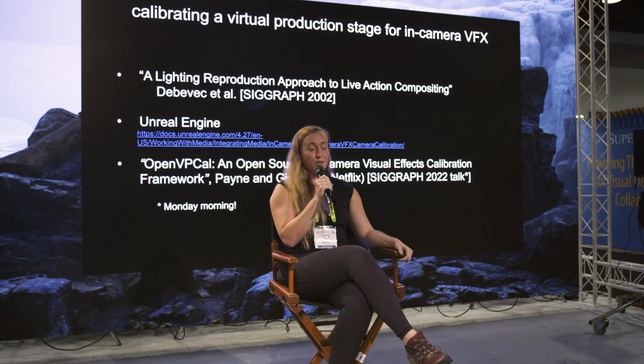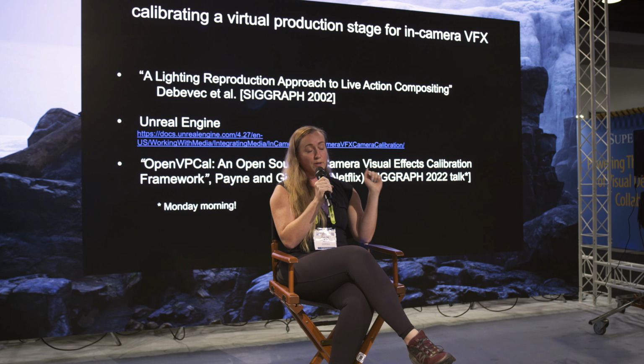If you're interested in further details of calibrating your virtual production stage for in-camera backgrounds, I have three resources that you can check out. One of them is Paul's original paper from 2002 that introduced lighting reproduction. Unreal Engine has an excellent white paper guide. The link is here, but you can also just search color calibration in-camera VFX and Unreal as keywords, and it'll show up.